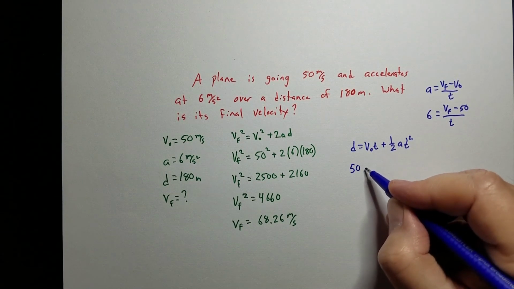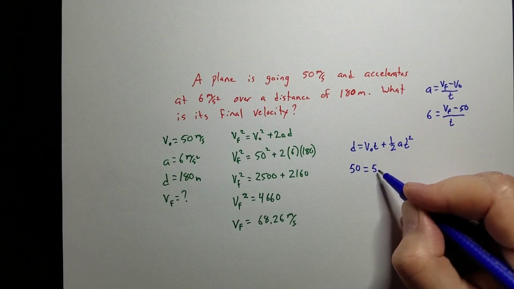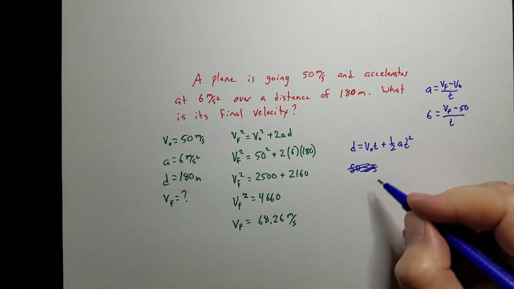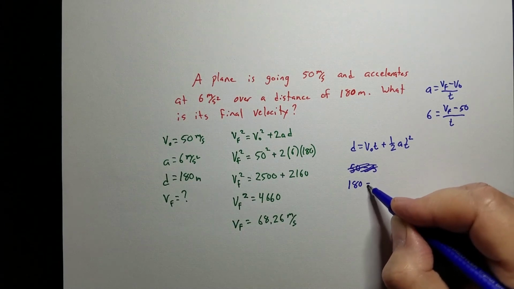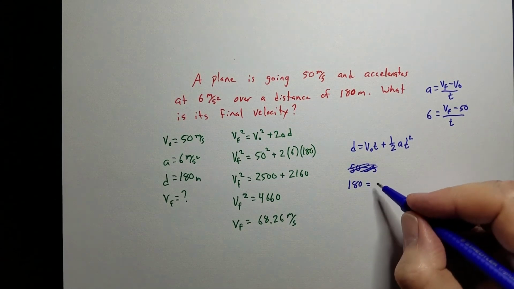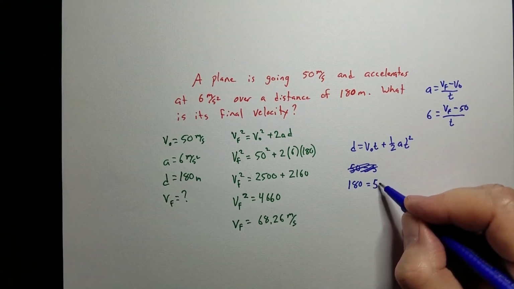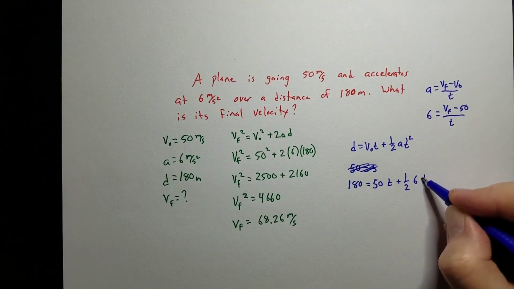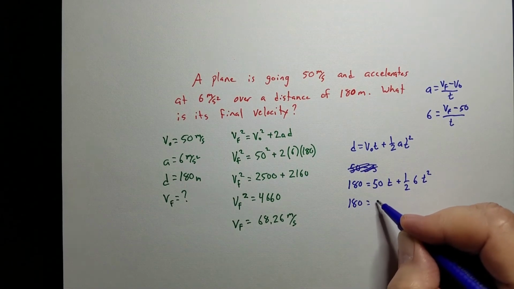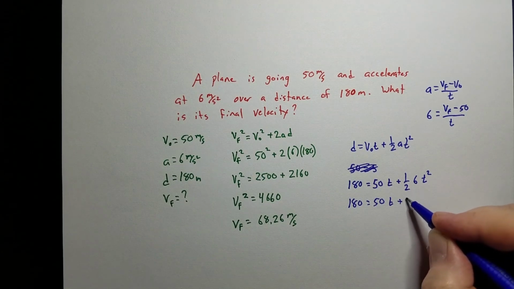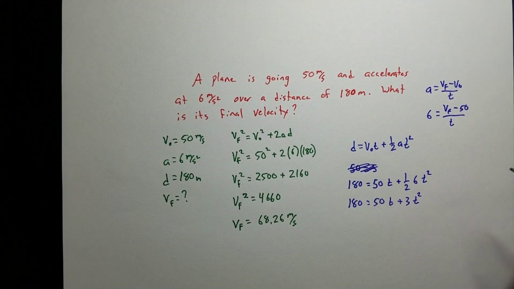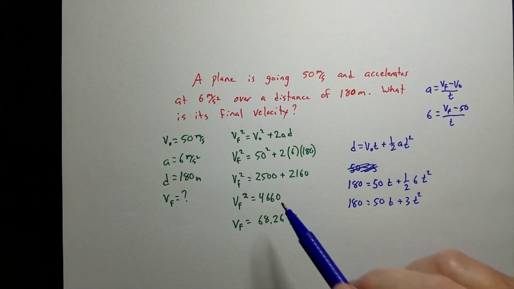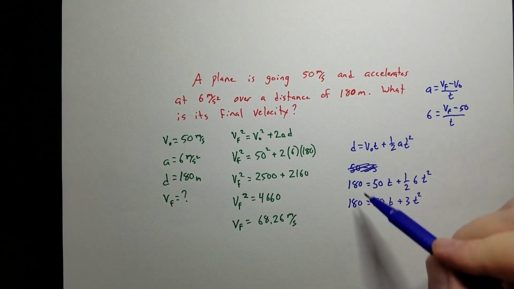Distance is 180. Good thing I made a list. Velocity is 50 plus 1/2 a, which is 6, t squared. So 180 equals 50t plus 3t squared. Oh, we would have to use the quadratic formula. I really don't like the quadratic formula, so I'm just going to stick with the new equation. This way you can save a lot of time because you wouldn't have to use the quadratic formula.